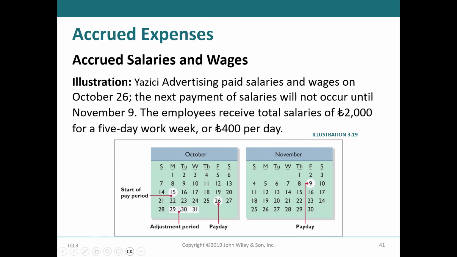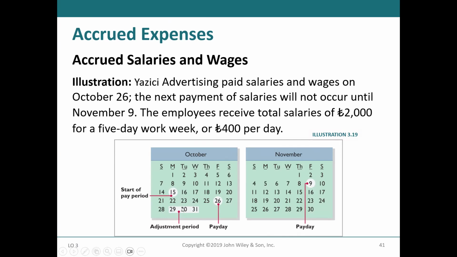So this is called accrual salary and wages expense. Accrual expenses mean expenses already incurred because the worker already worked for us, but the company has not paid them yet. So 3 days, and remember the salary is 400 per day.